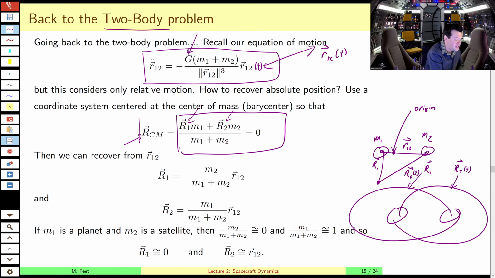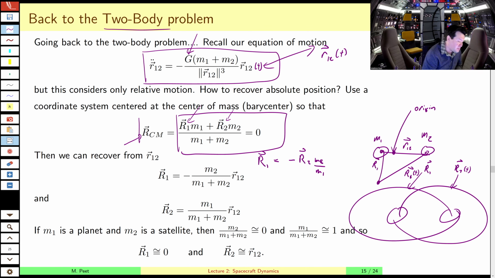For example, we can solve this equation to get R1 equals negative R2, where we have an M1 here and an M2 here, but we can divide through by M1, and so we can express the absolute position of body 1 as a function of the absolute position of body 2.